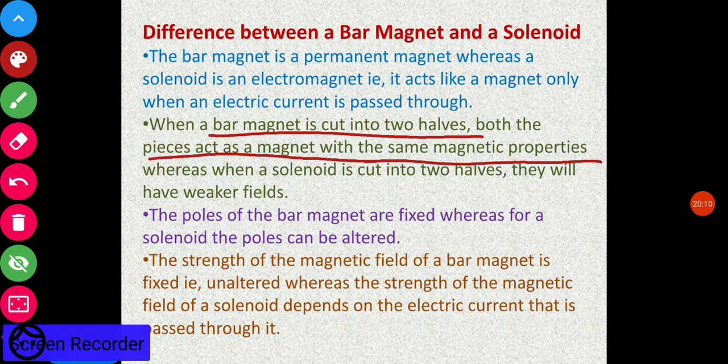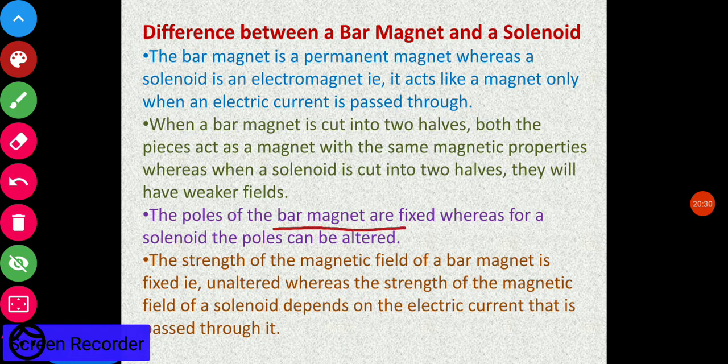That is, if you cut a bar magnet into two halves, then the magnetic strength of each pole will be the same. Whereas in the case of a solenoid, if you cut it into two halves, they will have weaker fields. The third difference is that the poles of the bar magnet are fixed, whereas for a solenoid the poles can be altered.